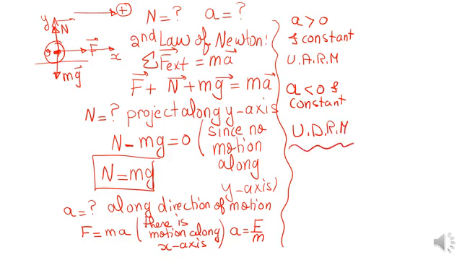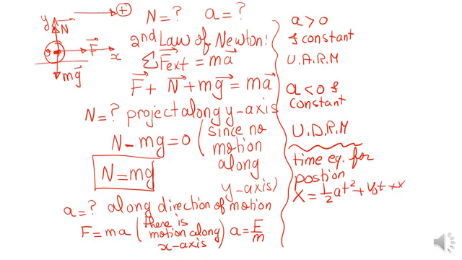In both cases, we can use the time equation for position, x equals half at squared plus v0t plus x0, and for speed v equals at plus v0.